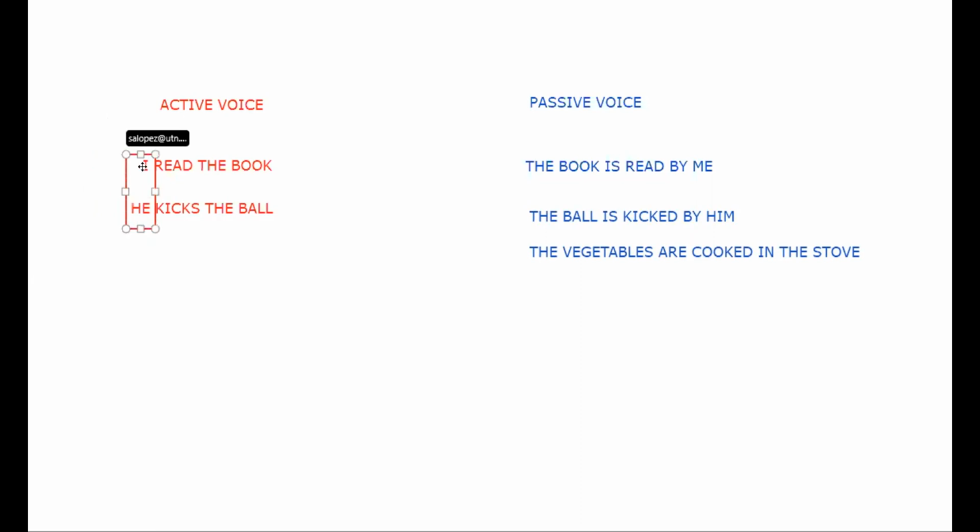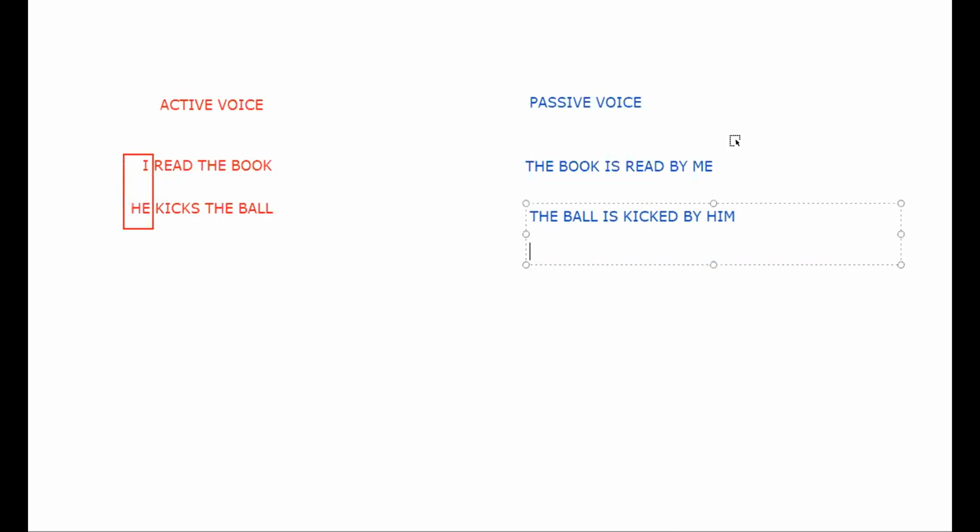Pero por otra parte, si ustedes quieren pasar esa oración a voz pasiva, no nos interesa tanto saber quién, ¿sí? Sino más bien nos interesa saber qué, es decir, sobre quién recae la acción del verbo, quién recibió la acción del verbo. Si el verbo es leer, sobre quién cayó la lectura, ¿no? ¿Qué es lo que fue leído en este caso?